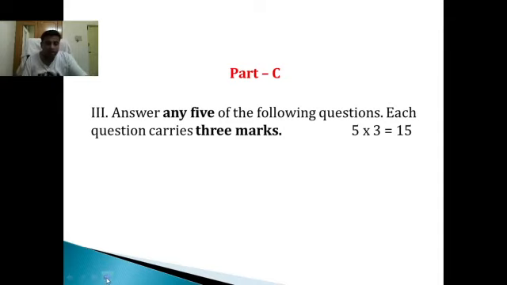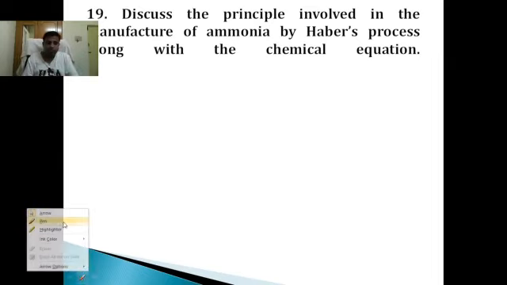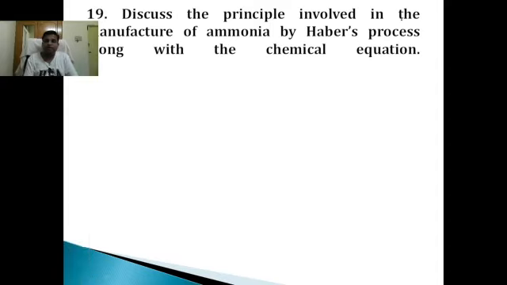Now I'm starting with the first question of part C. We know in part C we have to answer questions from the P block, D and F block, and coordination compounds. So here is the 19th question. The question says: discuss the principle involved in the manufacture of ammonia by Haber's process along with the chemical equation.